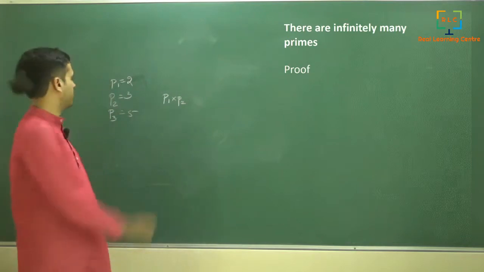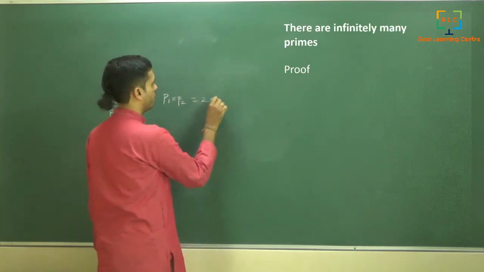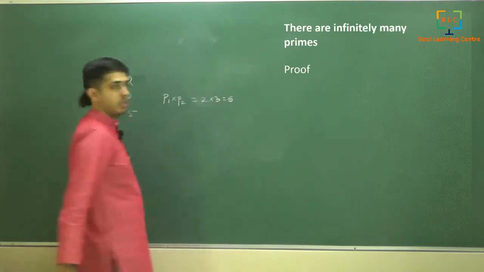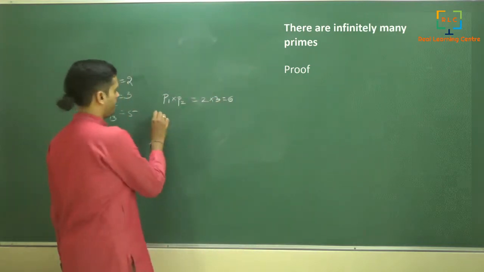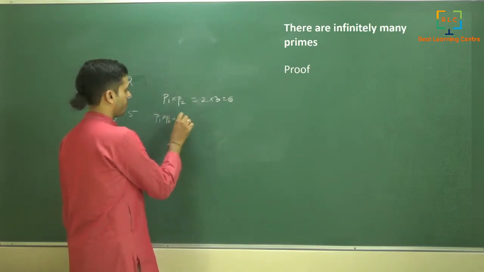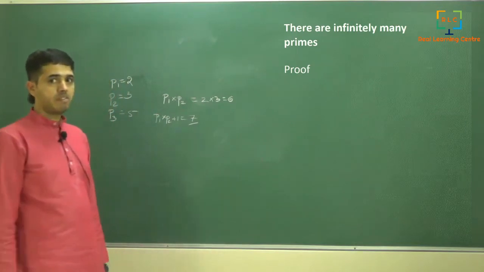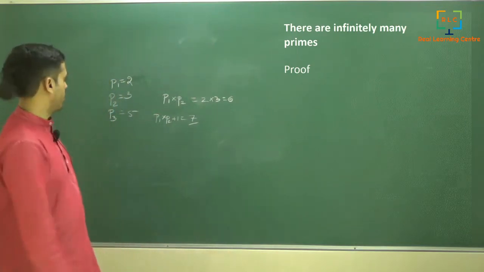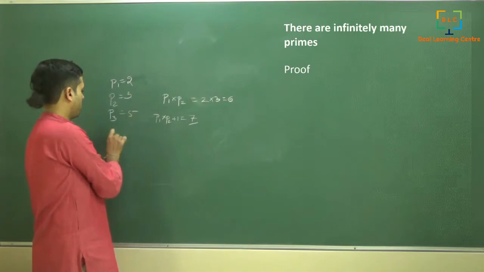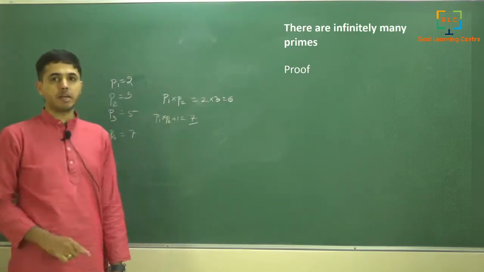What do I get? 2 into 3. Suppose I add 1 to it. Now I got a number 7, which is a prime number. 2, 3, 5, and then P4, the fourth prime, is 7. So we got a prime number here.